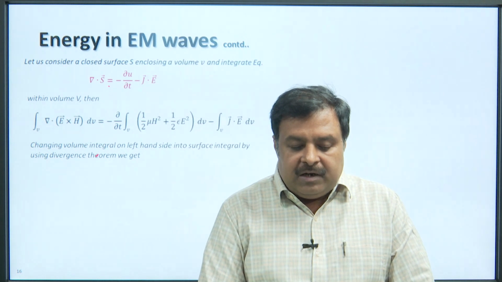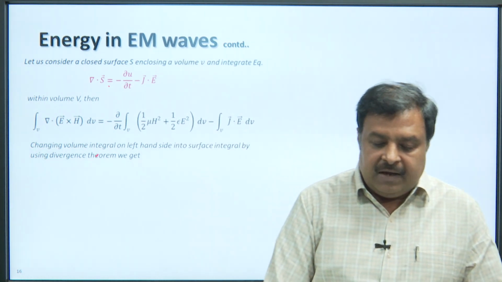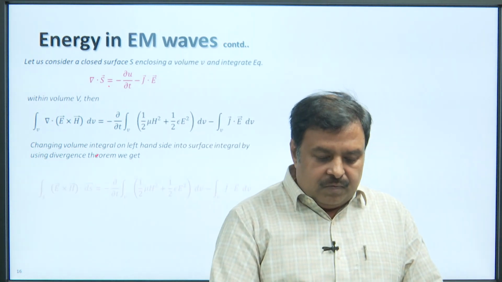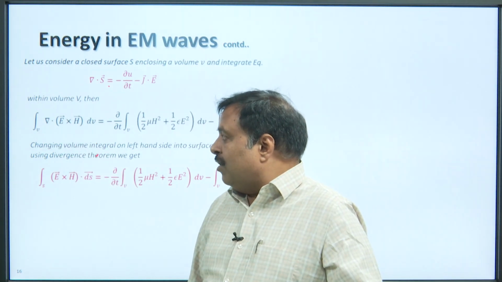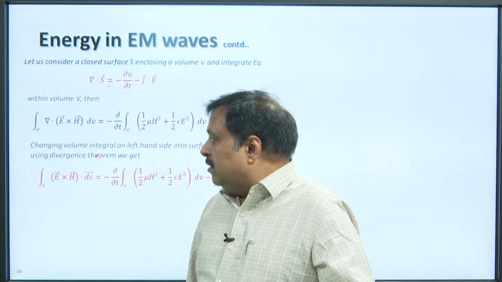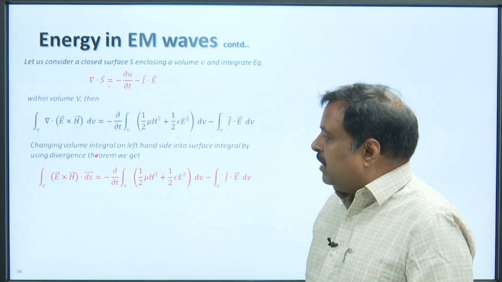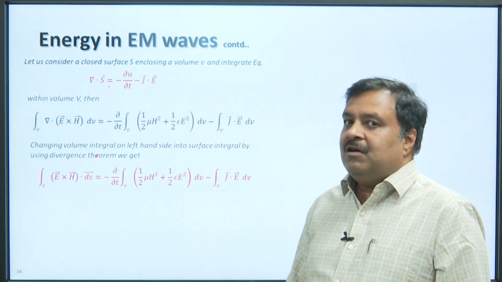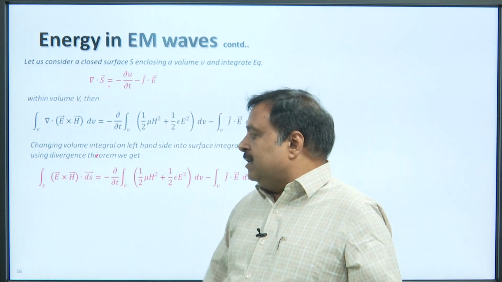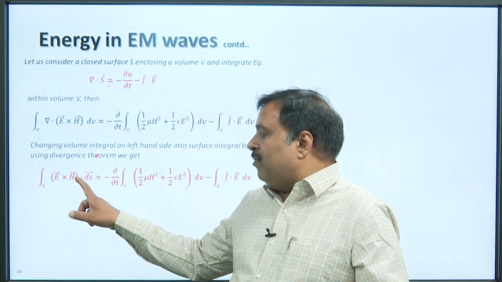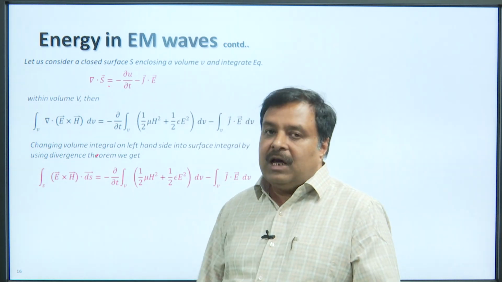Now, the volume integral on the left hand side can be changed into a surface integral by using the divergence theorem, and what does it become? According to the divergence theorem, the volume integral of divergence of a vector function over a volume is the same as the surface integral of the normal component of the vector.